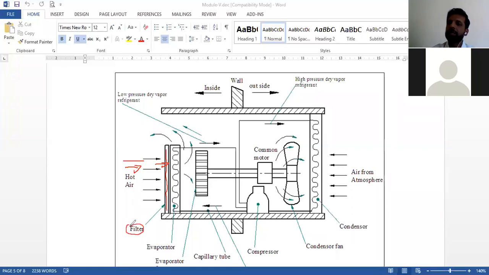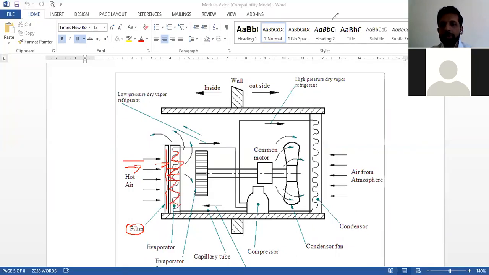There is no filter in a refrigerator, but there is a filter in an air conditioning system because it has to separate the dust particles and other particles present in the air, right? After that, this hot air is going to pass over these evaporator tubes that are present in a zigzag manner, right?